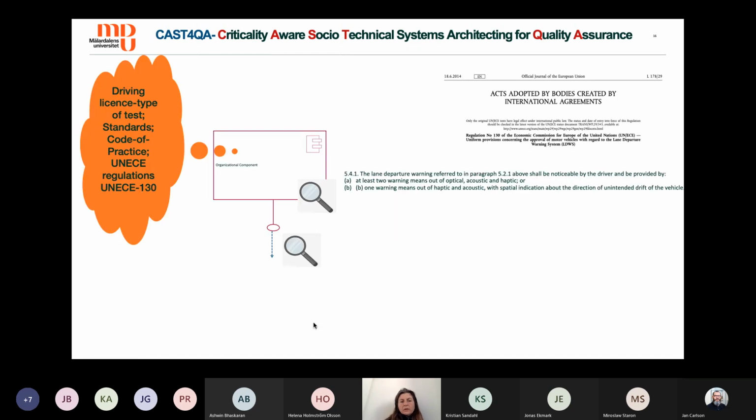So looking into the details with respect to the lane departure warning system, we see that from an organizational perspective, we have to consider also the fact that the driving license type of test may differ, because it depends when you have taken the driving license. So the assumptions, which are the assumptions on the driver?